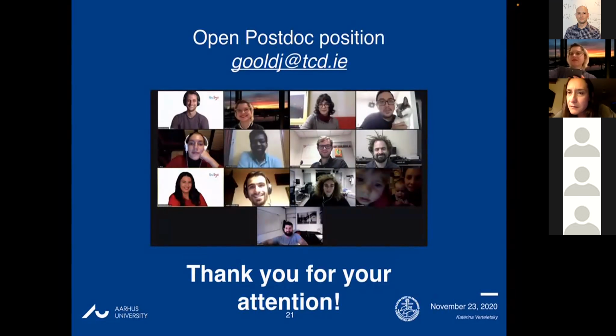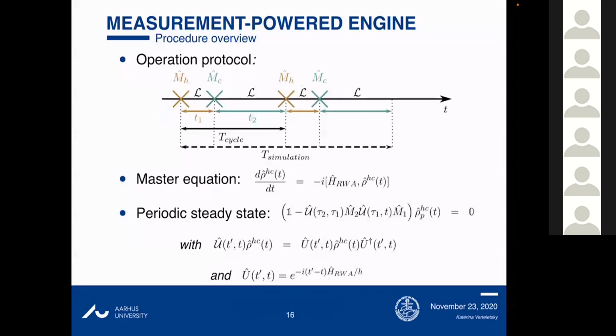Martin? Yeah, do you hear me? Yeah, we can hear you. Yeah, thanks for the very nice talk. It was very interesting. I was wondering about the part about the measurement engine. I don't know much about this, but when I see these protocols, a very naive idea would be, I could just measure a qubit, right?